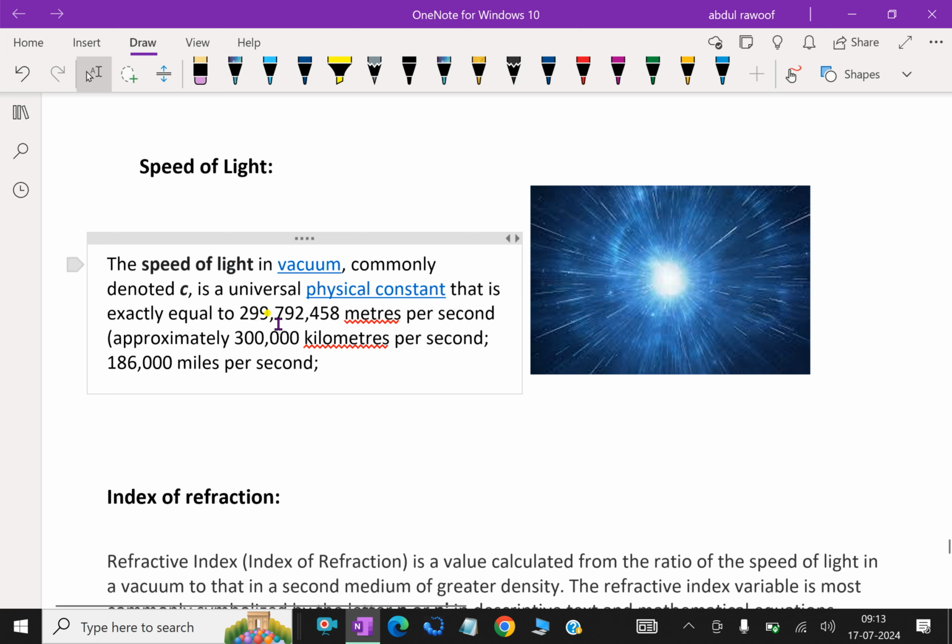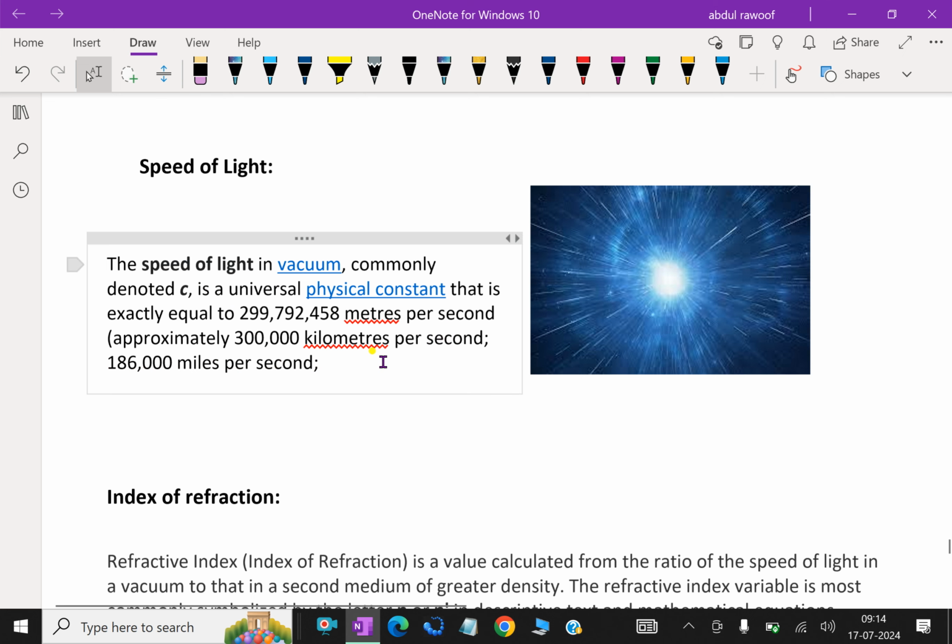This is nearly 3 lakh kilometers per second. This is a very high speed. The highest speed ever known is the speed of light. In miles, it is 186,000 miles per second.